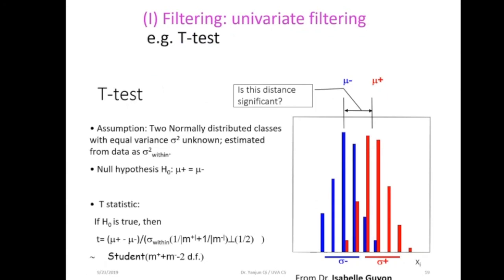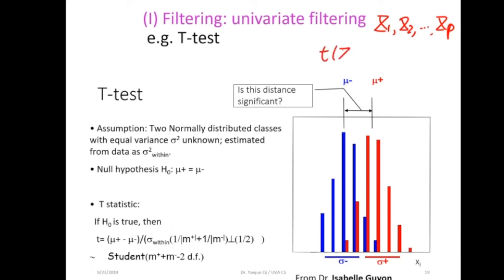So maybe let me repeat because this is maybe a little too abstract. Similar to what we just did for the Pearson correlation, where you have x1, x2, to xp features, you perform this test.